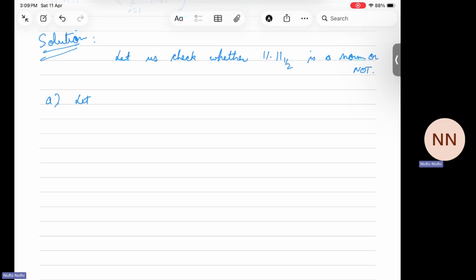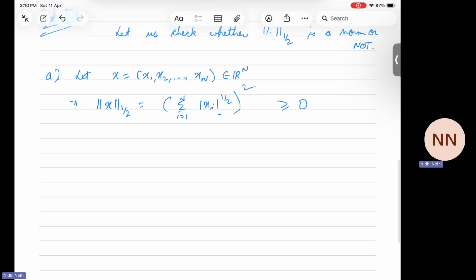So let x be an element in the space Rn. Then by the definition, this is equal to the summation i from 1 to n of mod xi to the power 1 by 2, whole square. Since we are adding up n positive terms, because this modulus is always positive, this will always be positive. So the first property is holding here.